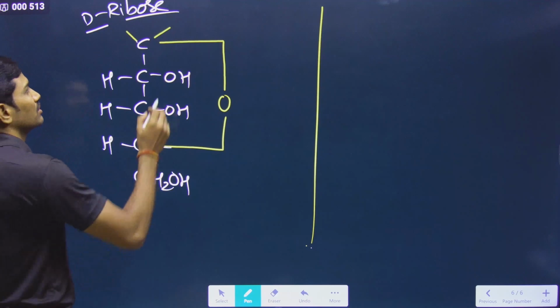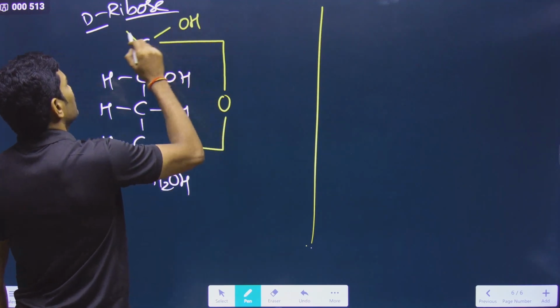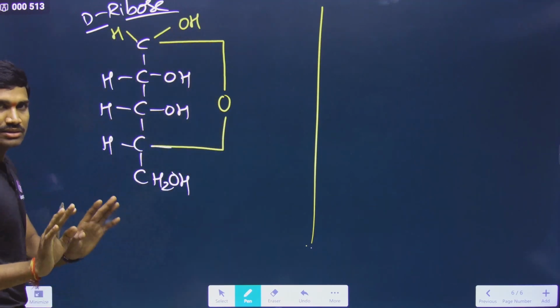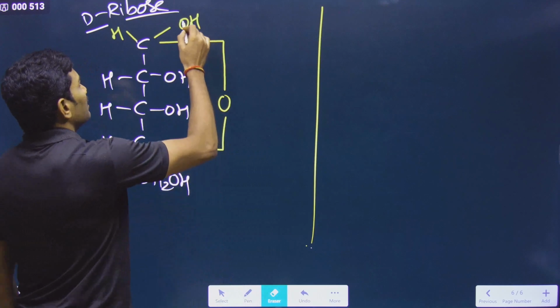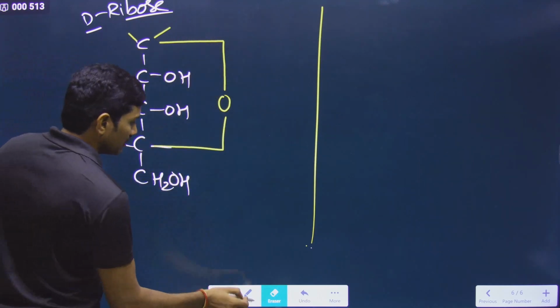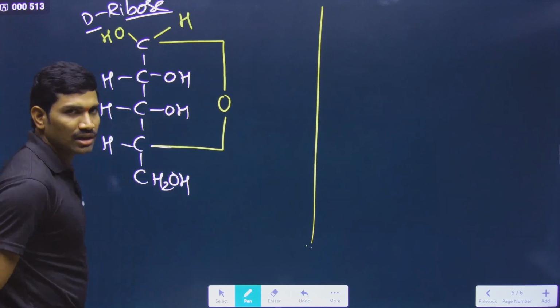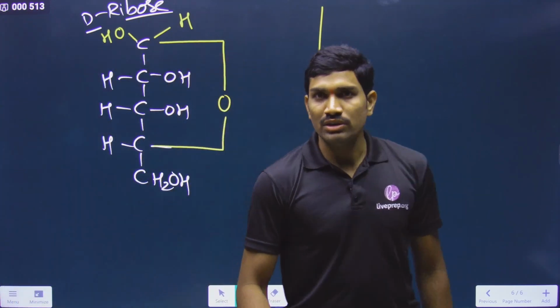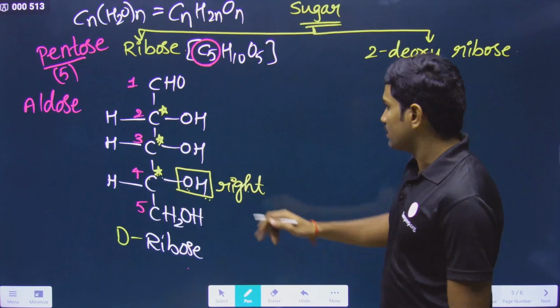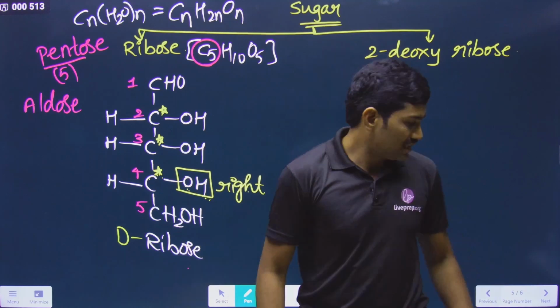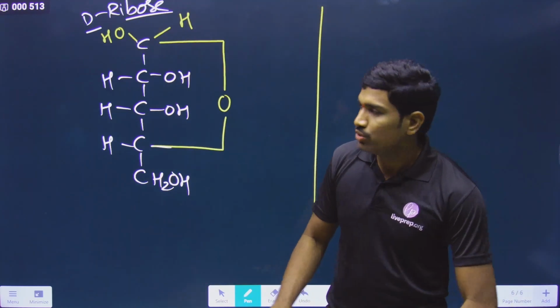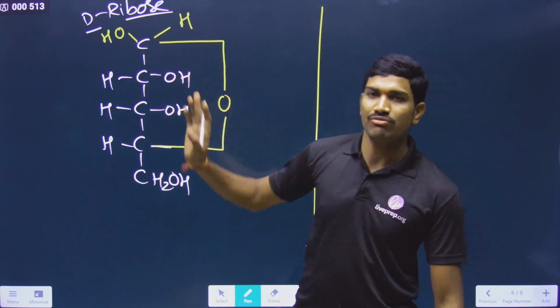What are the two options? In one option, you will get like this. Yes or no? And in the other option, what you will get? Reverse. In the other option, here H will be there, here OH will be present. Understood or not? So in this way, this linear form, in the solution, is converted into this ring form.